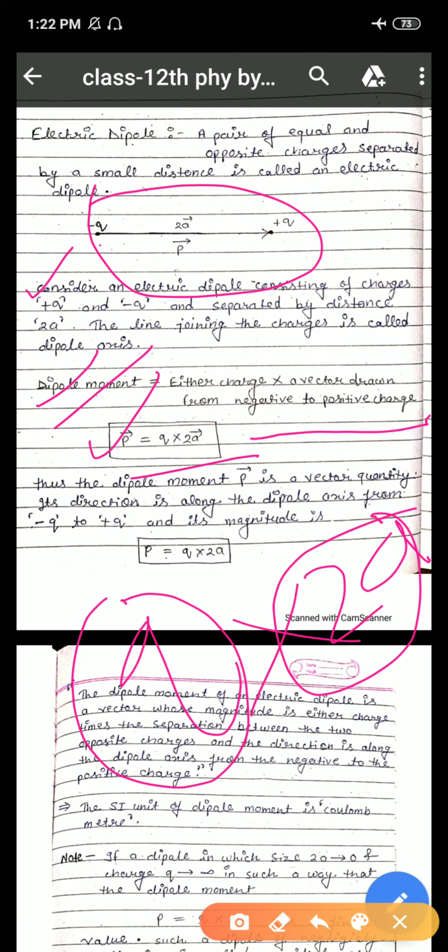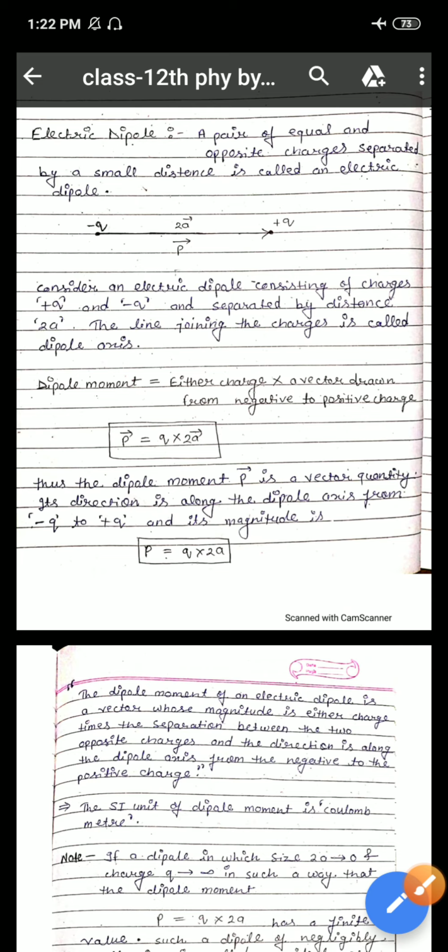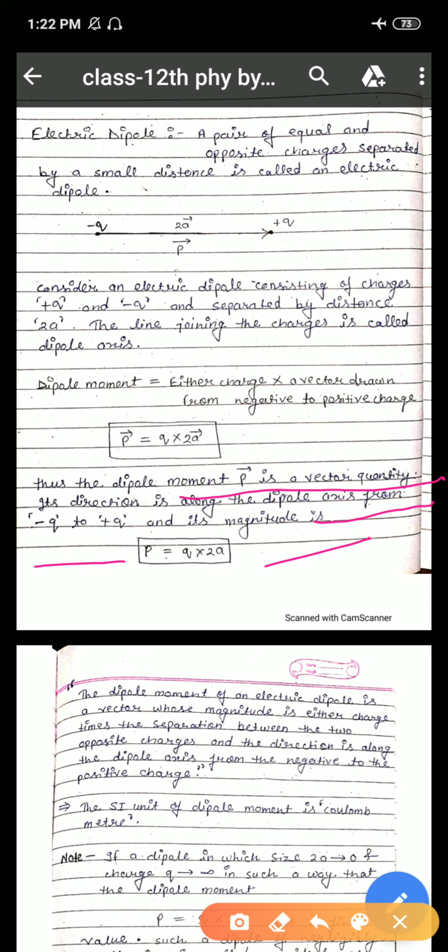This is a vector quantity. Its direction is along the dipole axis from minus q to plus q, and this is its magnitude. So p equals q into 2a, where q is the charge, p is the dipole moment and 2a is the distance between them.